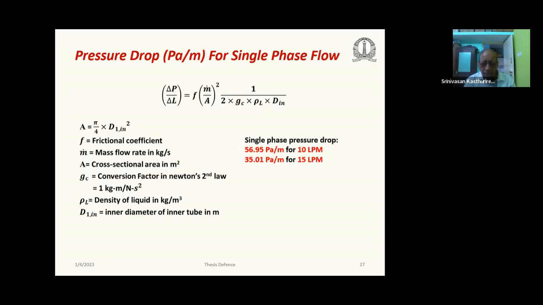For example, it is 56.95 Pascal per meter for a 10 liter per minute flow rate. We are talking about the mass flow rate of liquid nitrogen flow, please remember. For 15 liters per minute, the single phase flow pressure drop will be less, 35.01, because the diameter of the pipe is now larger.